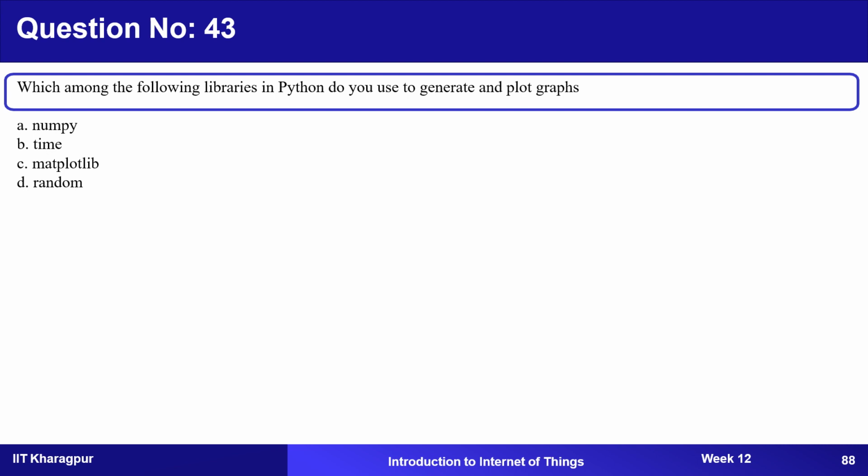Mathematical operation, ma'am. Numerical. And Matplotlib will be used for the diagrammatical representation or image representation, all that. Yeah, and time for getting the time, and random for generating the random values. So the correct option is C.